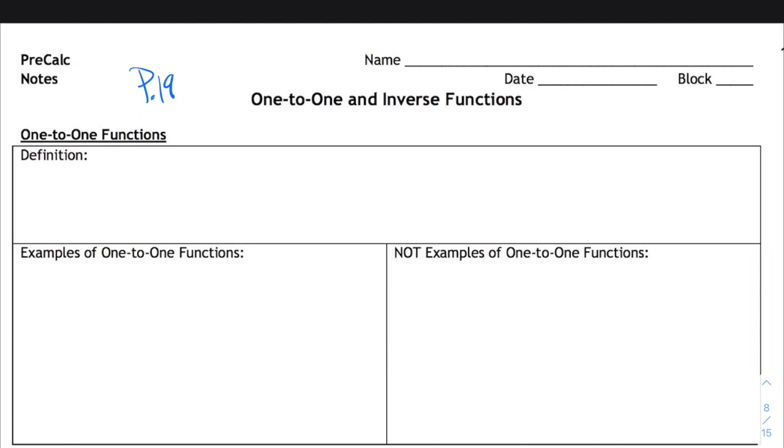All right, so a one-to-one function. Let A and B be in the domain of function f.